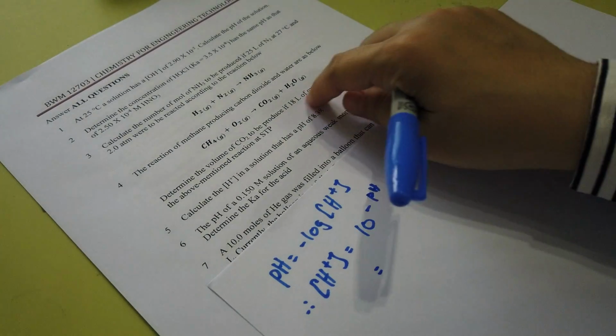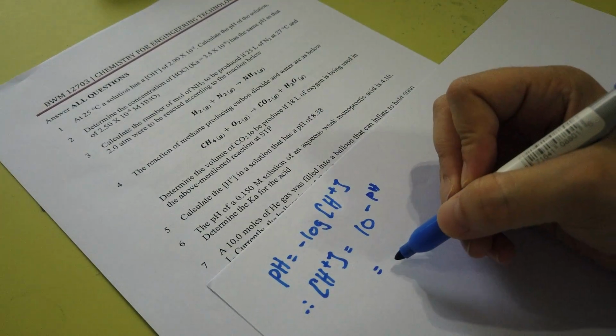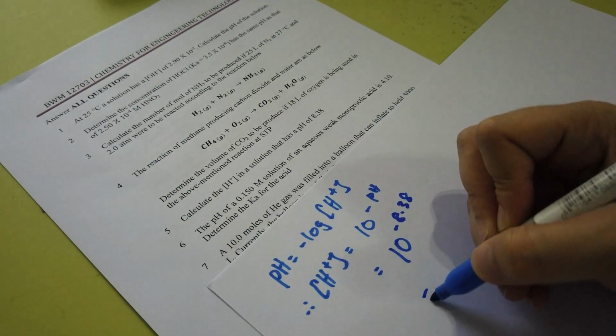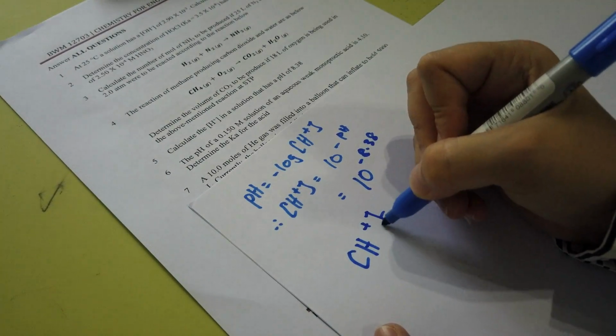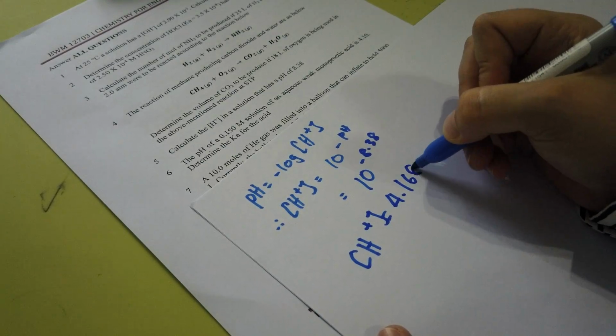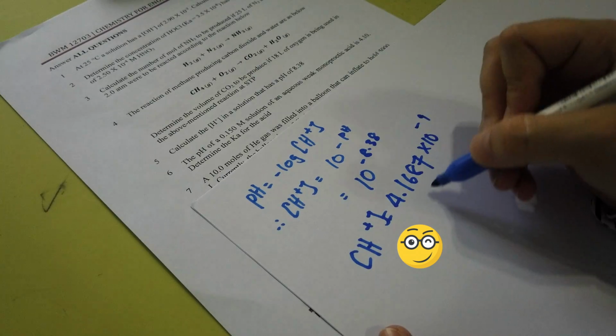So, from the question, the pH is actually 8.38. So, you should get the concentration of H plus is equivalent to 4.1687 times 10 to the power of negative 9.